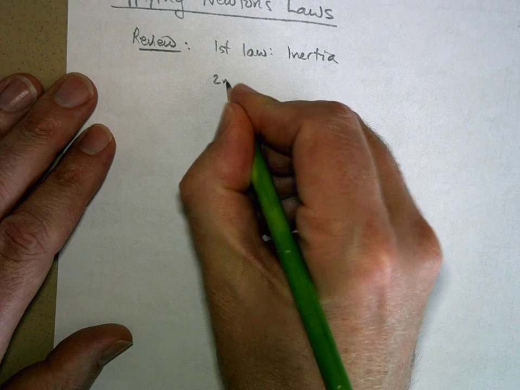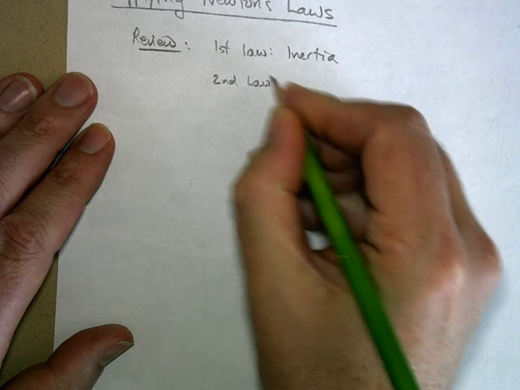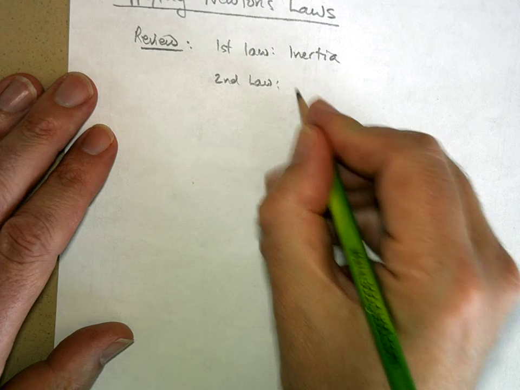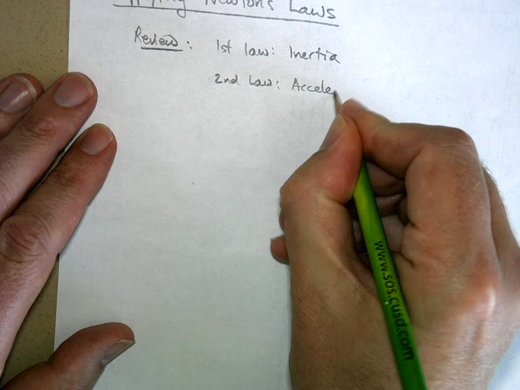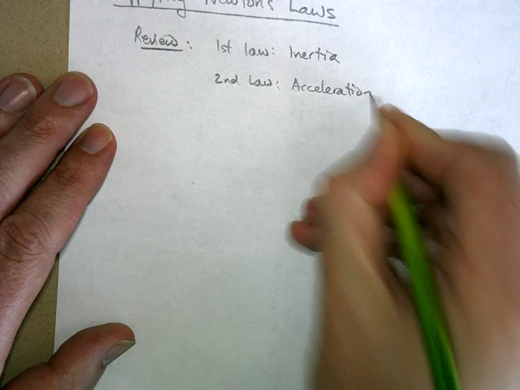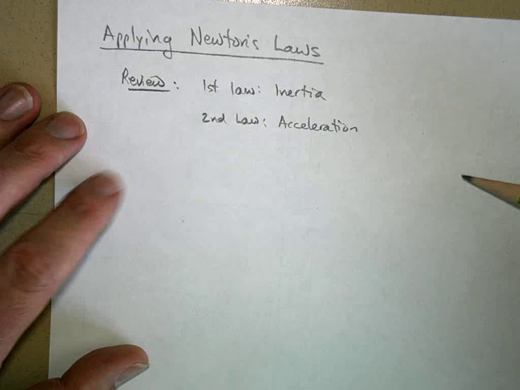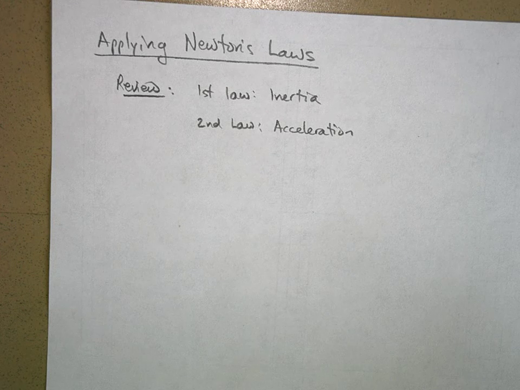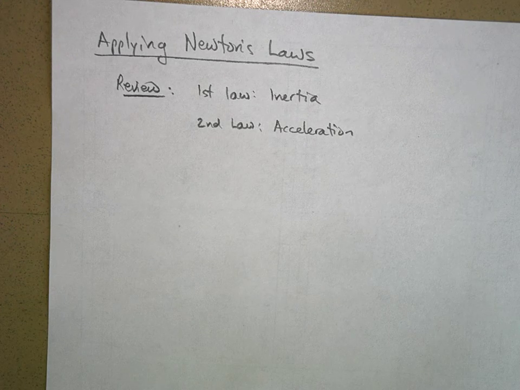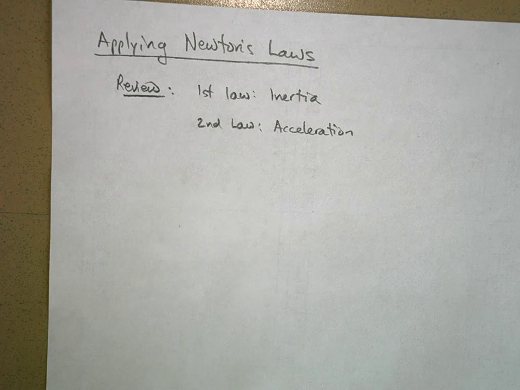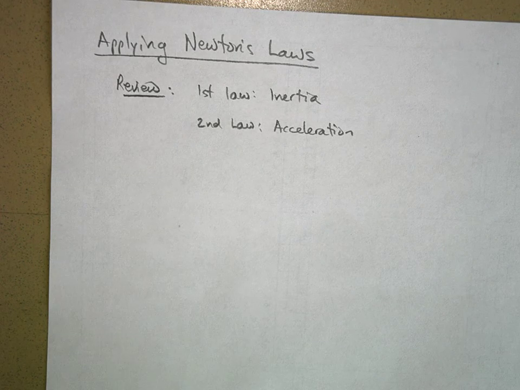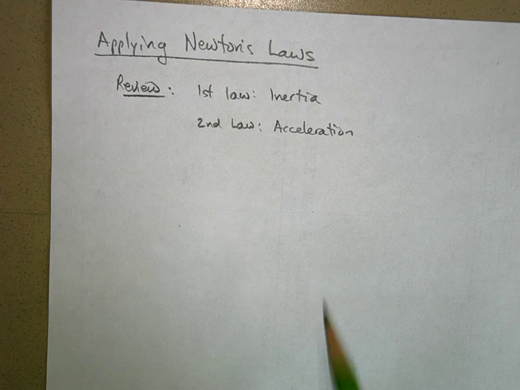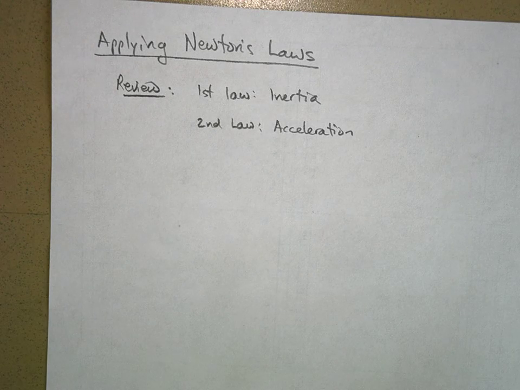Okay, so now the second law basically is a law of acceleration. Now, when we did kinematics in the first few chapters of the book, we described what acceleration is, and we had some equations that described how objects move through time and space, but we didn't describe why things accelerate.